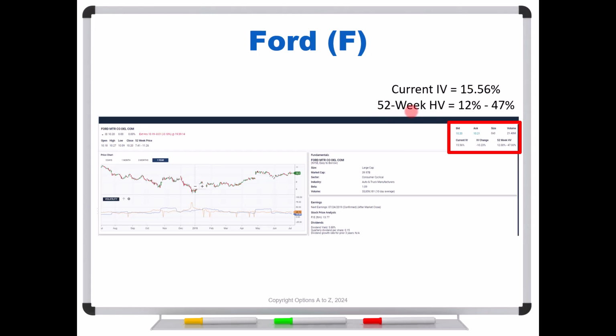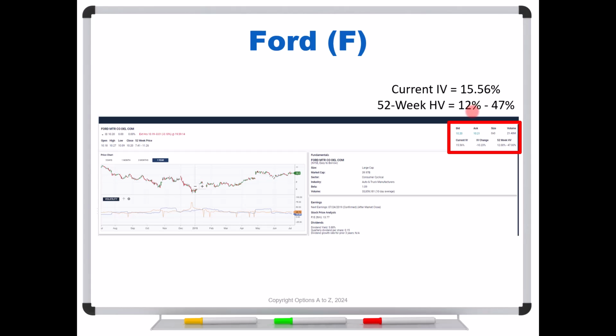The 52-week historic volatility, this would be the actual volatility for the stock, was somewhere between 12 and 47%. Now, 47% is getting some pretty good juice behind it, but you can see that 12 is just about dead in the water. So most of the time you would think that Ford would be a really easy layup to go out and sell these naked puts on, and it starts to look like free money.